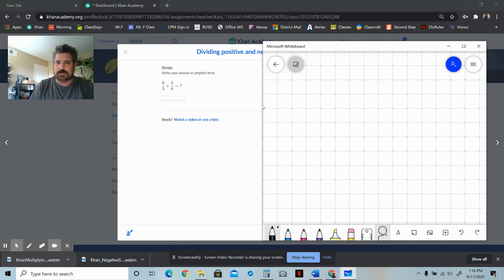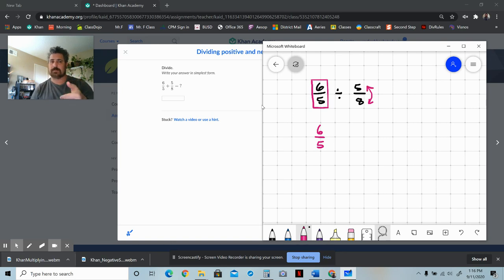So if you're doing 6/5 and you're dividing it by 5/8, this is the way it works. If you say dividing numbers is easy as pie, just flip the second and multiply. What that basically means is the one on the left stays the same, because that's what's being divided. So that's going to just be 6/5. You're going to flip the one that you're dividing by to its top and bottom reciprocal, right?